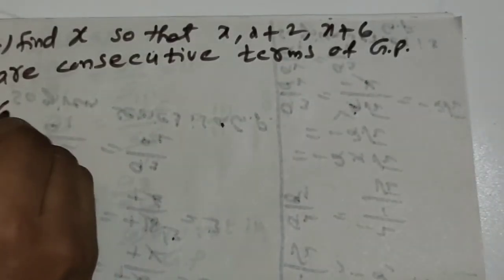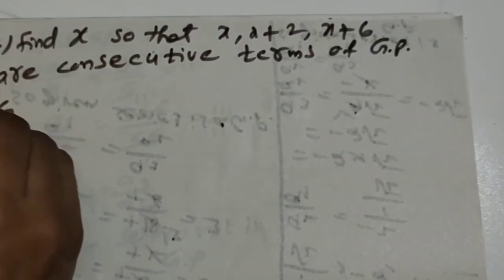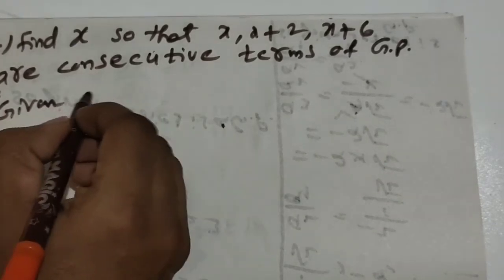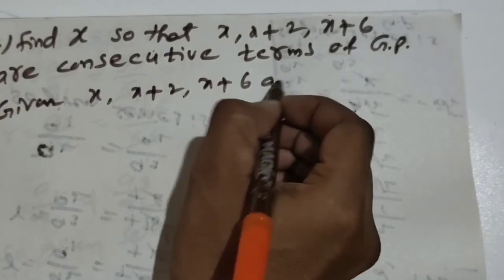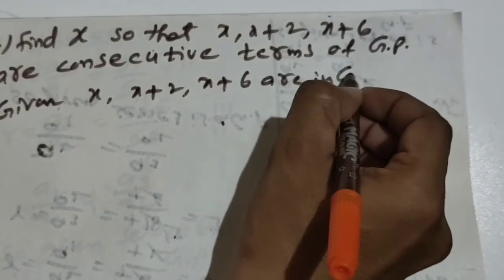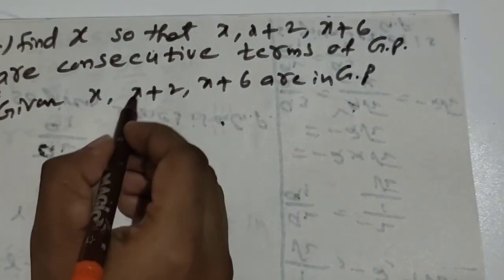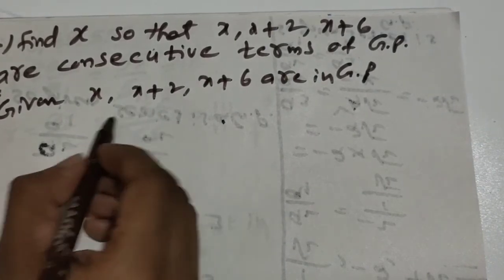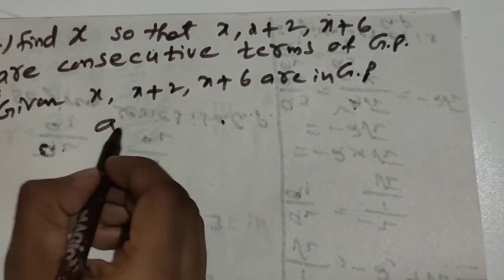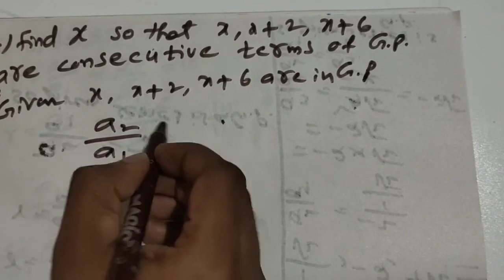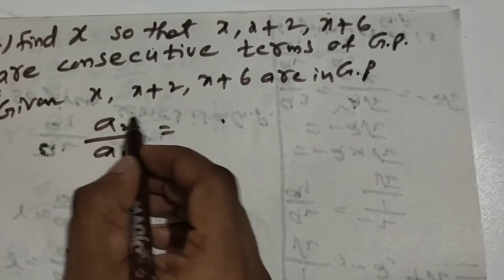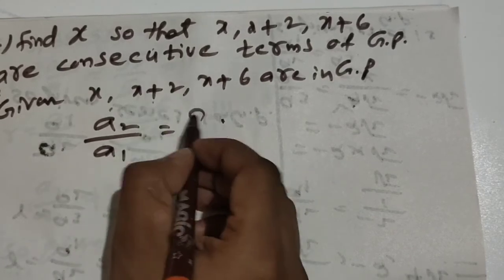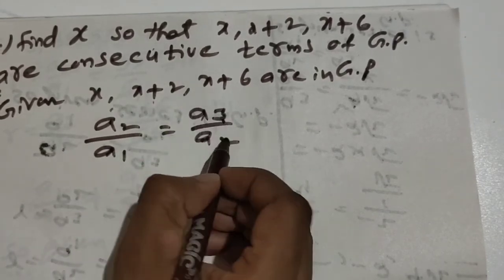Now here the given terms x, x plus 2, x plus 6 are in GP. Already they are given as GP. So to get this x value, we need that common ratio relation. That is, as we know, whenever the terms are in GP, then the common ratios are equal. That is, a2 by a1 is equal to a3 by a2.